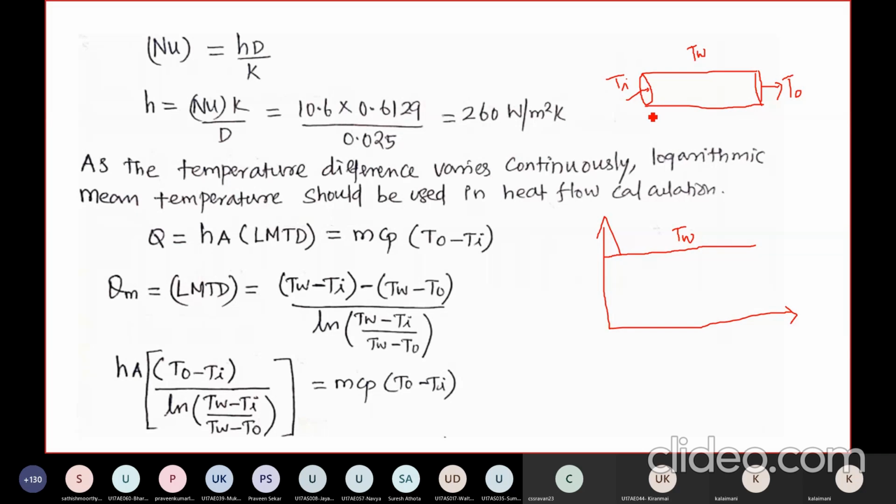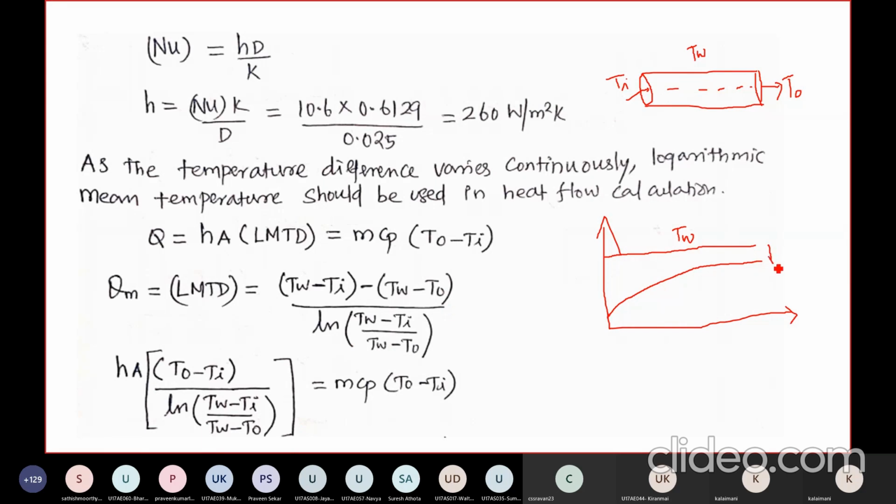Initially the fluid is at temperature Ti; while it flows through the pipe, it will be heated up to the outlet temperature, but it is less than Tw. It cannot exceed Tw, because the heat is transferred from the wall to the fluid.